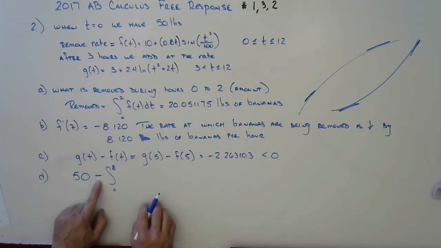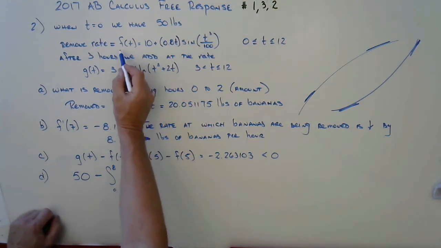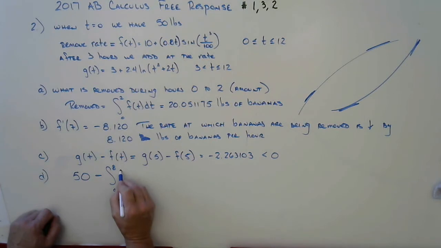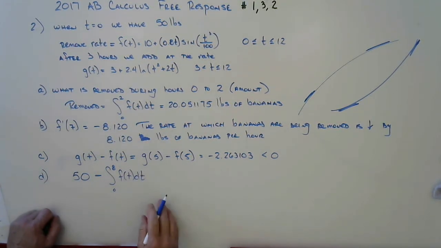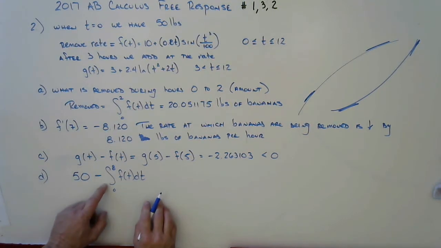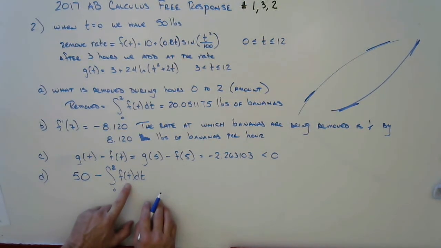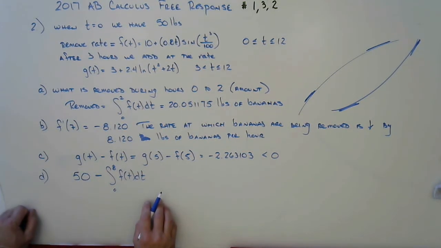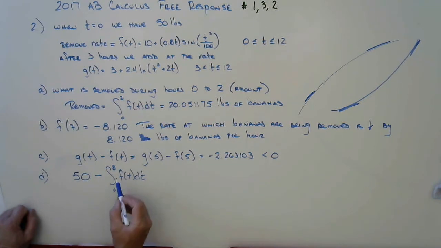Buying, negative. Bananas are leaving. And we know the rate at which they leave, but we also know how to make that into the amount at which they leave. If we integrate a derivative, we get the amount. That's the net change theorem. It's on the AP test every year.